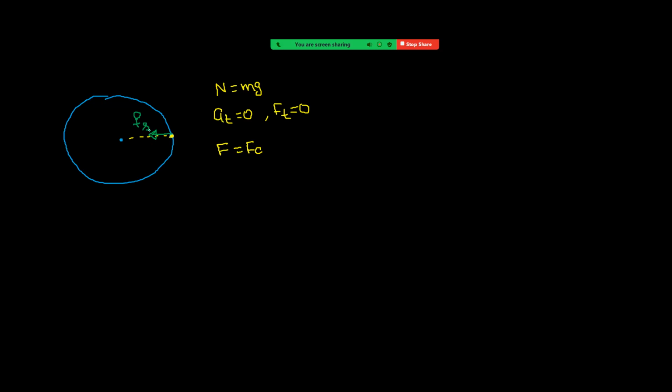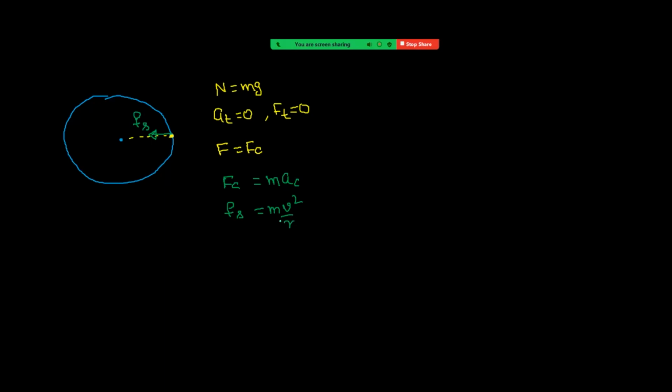That's why I have taken F suffix S. Therefore, I am writing centripetal force equal to mass into centripetal acceleration. Centripetal force is now static friction, which is equal to m v square by R.